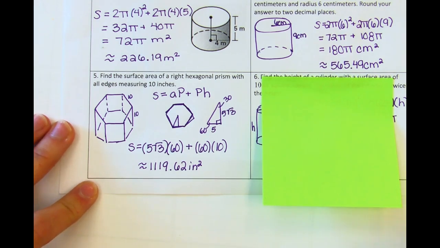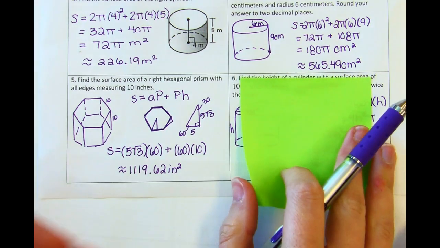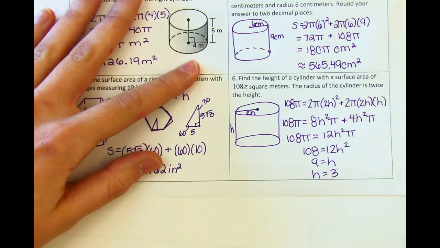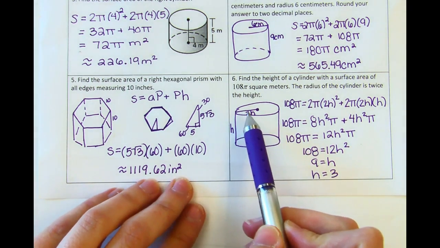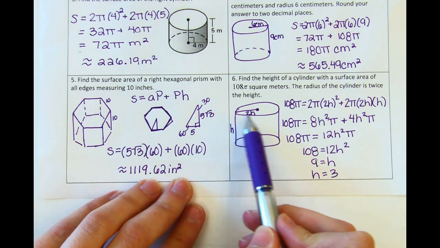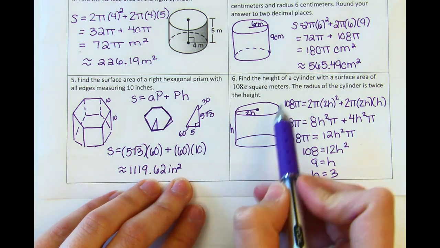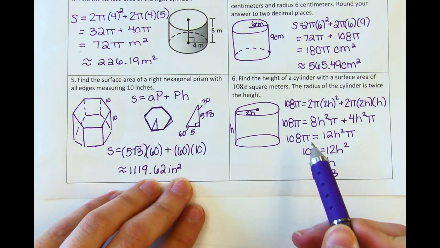So number 6 was a little bit trickier because you're kind of working backwards. But you just plug everything in. So I was told that I need to find the height. The radius is twice the height, so I called my radius 2h, and my height is h.